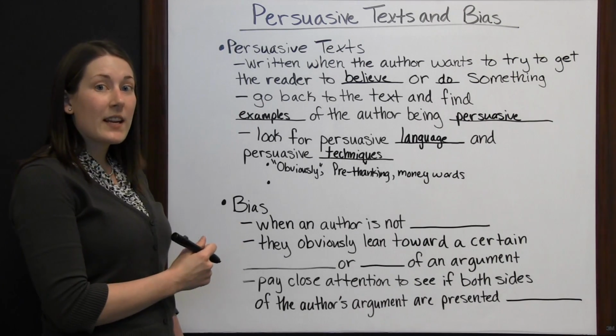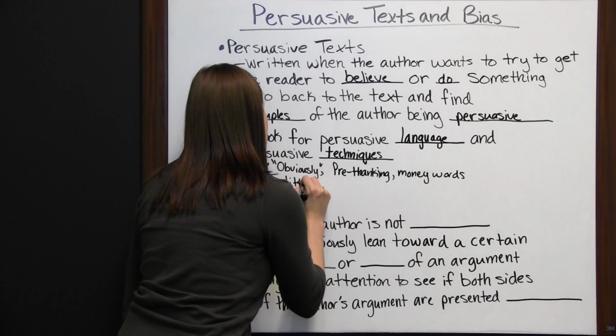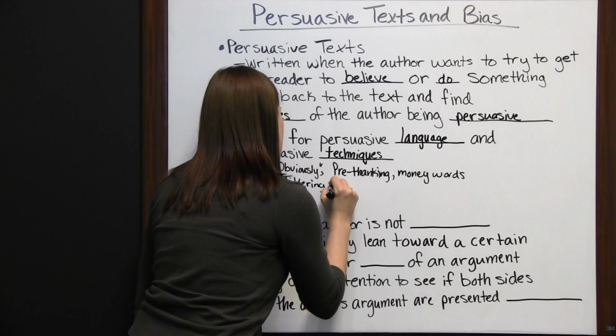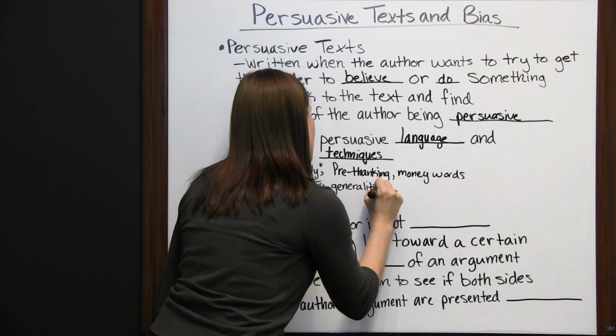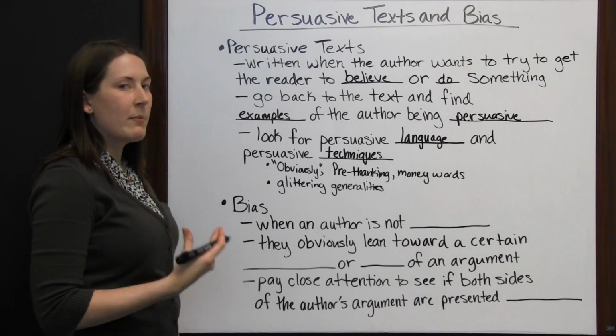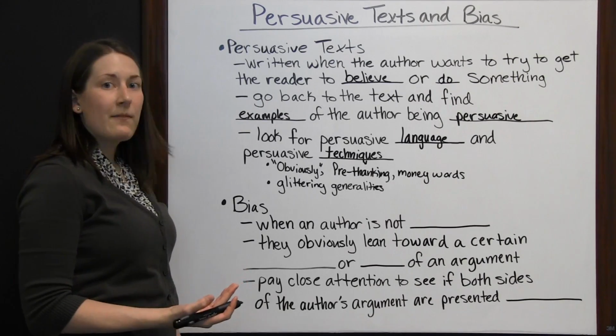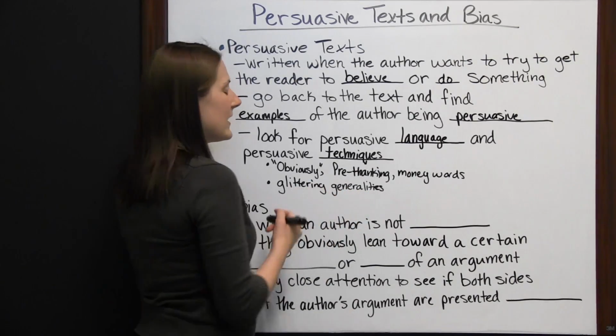Now, some persuasive techniques are glittering generalities, and this just means that words are being used that are positive words. They have a positive connotation, but they're very vague. So they're glittering, they're positive, but they're generalities, they're vague.